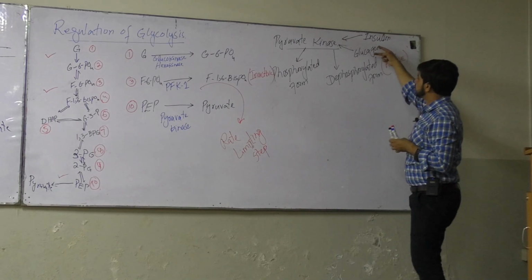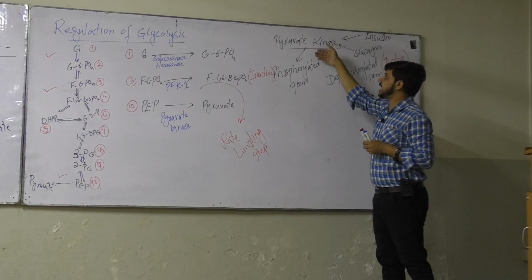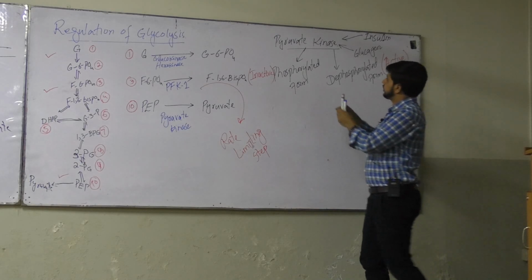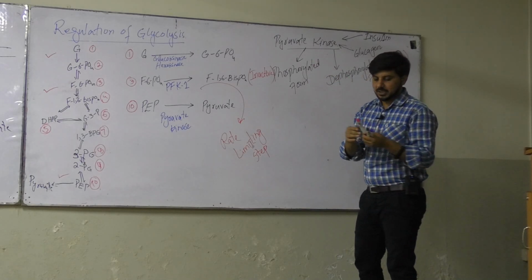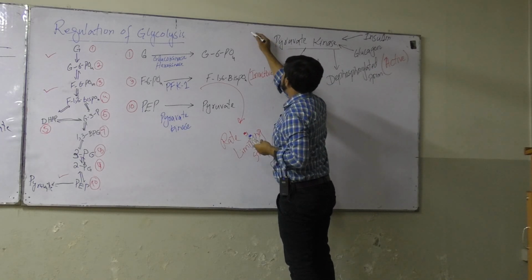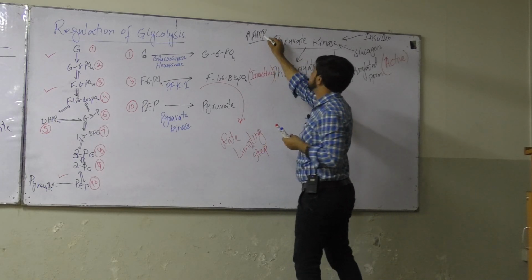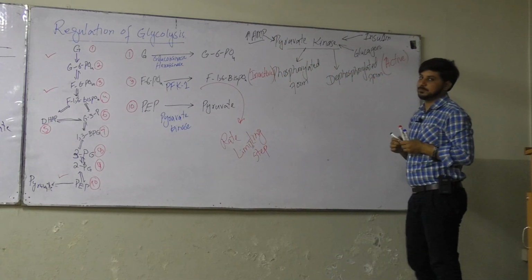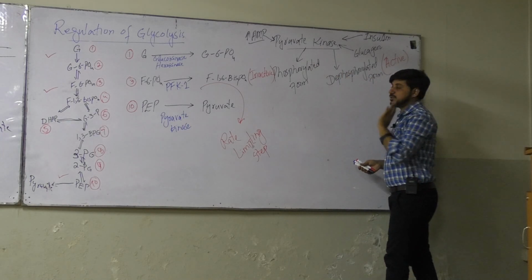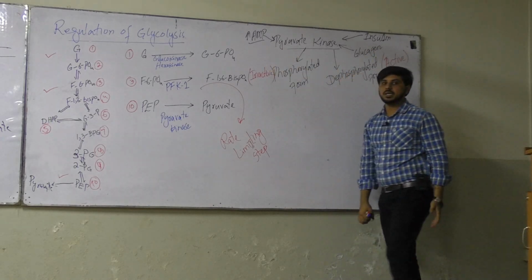These two hormones are responsible for the activation or inactivation of this pyruvate kinase, and it is also allosterically regulated with the help of increased levels of AMP. So we can say that the activity of this enzyme is either hormonally regulated or allosterically regulated.